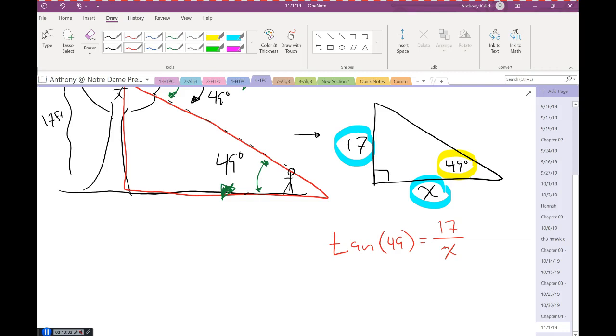What should I do first to solve this equation? I wouldn't do that. I would do the same thing we did before and multiply both sides by x, by the denominator of the fraction.